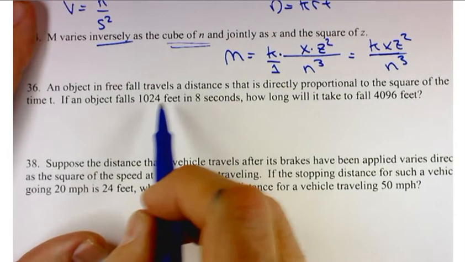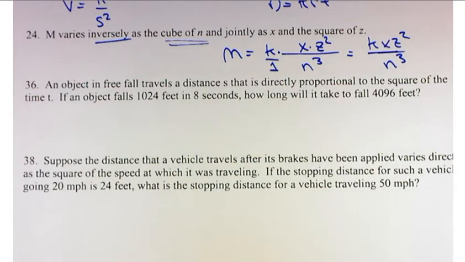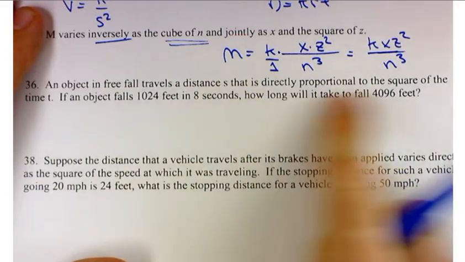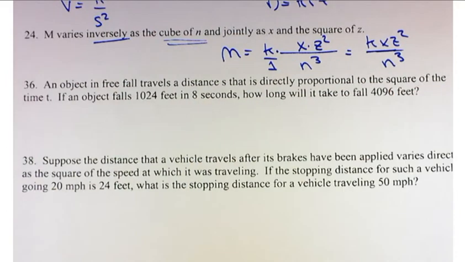An object in free fall travels a distance s that is directly proportional to the square of time. Let's stop right there, because that gives us enough information to write down a mathematical model. The distance s is directly proportional to the square of time. Mackenzie, what could I write there?